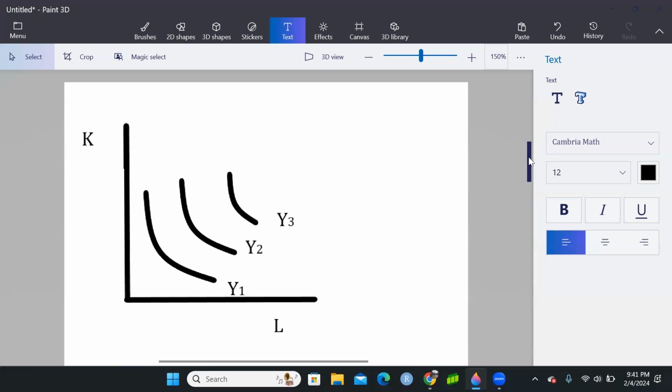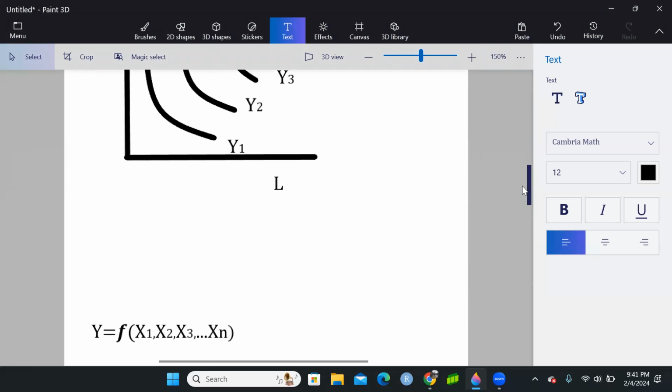And so as you can see, this is a relatively simple function with just two real variables. But I'd like to illustrate this because it points out the basic logic behind the education production function, which we're now going to talk about.